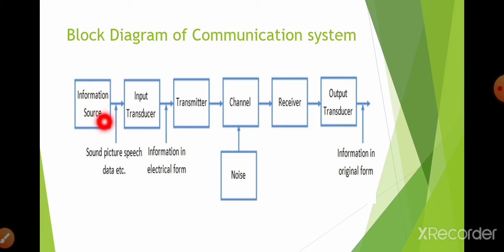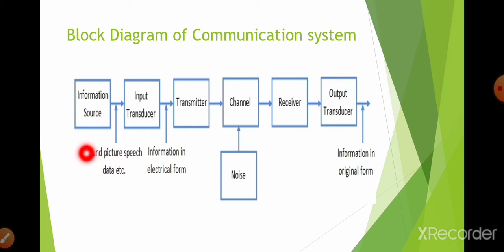The information signal means the original signal that we want to transmit from one point to another point. Basically, communication means transmission of information from one place to another place. Meaningful transmission of information. So the first block is information source.